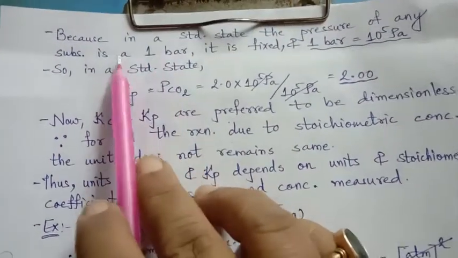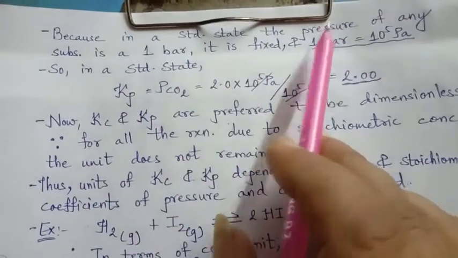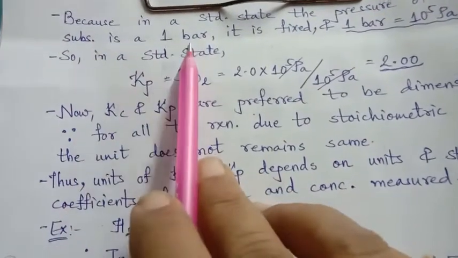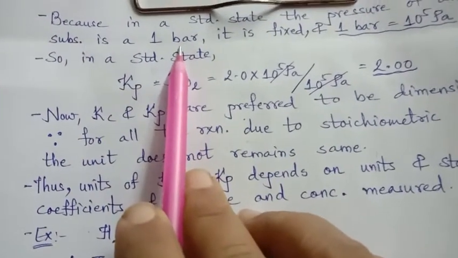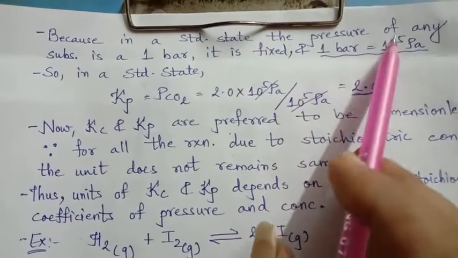Why standard state? Because in a standard state, the pressure of any substance is 1 bar, which is fixed, and 1 bar is 10 raised to 5 Pascal.